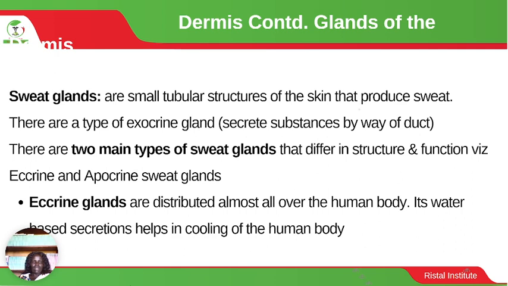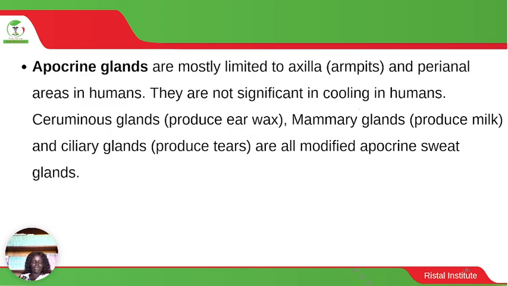So the eccrine glands are distributed almost all over the human body. Their water-based secretions help in cooling of the human body. Then the apocrine glands are mostly limited to the axilla, or the armpits, and the perianal areas in humans.